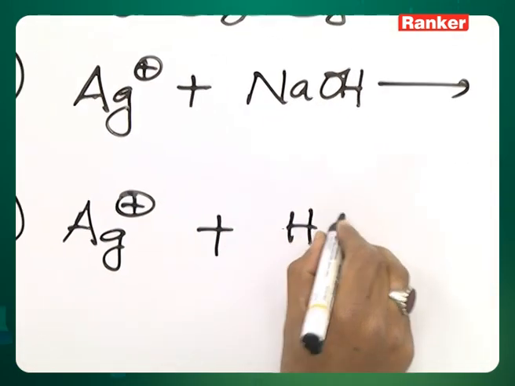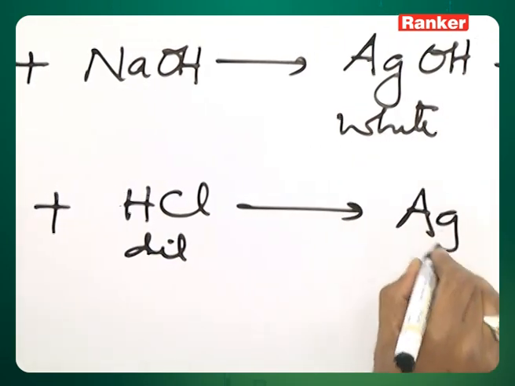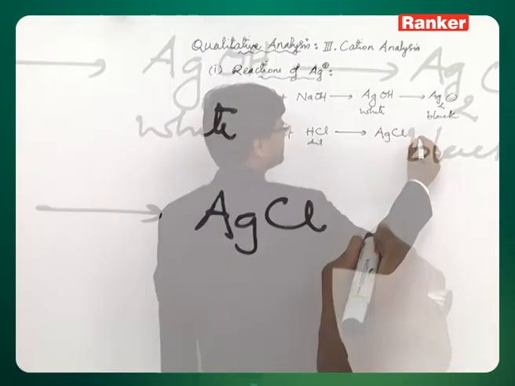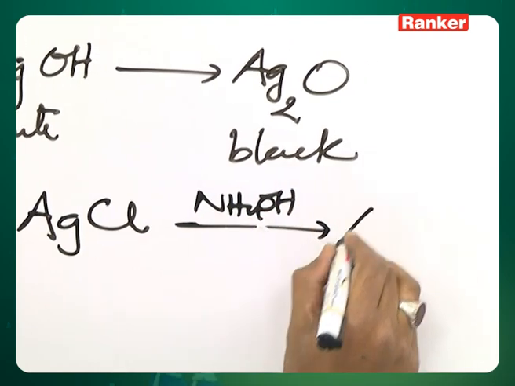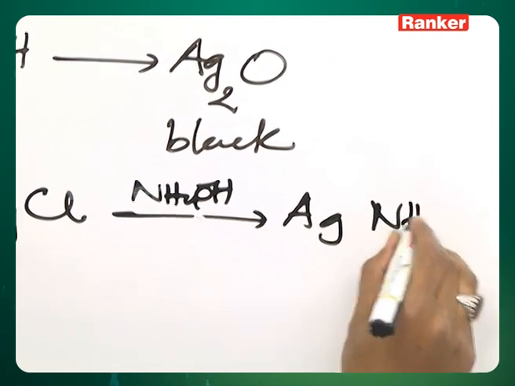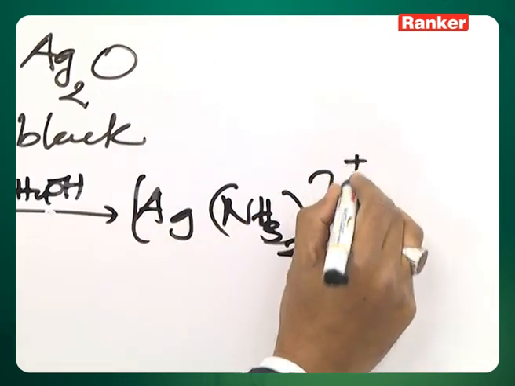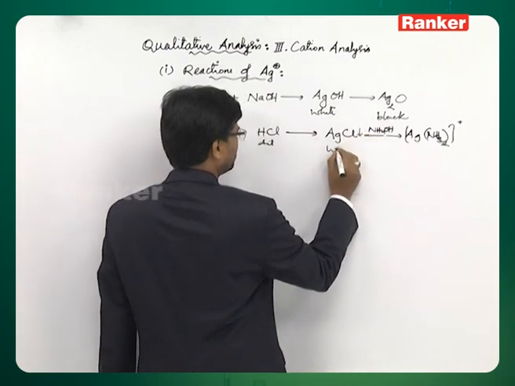On reaction with dilute HCl, you get AgCl. This is soluble in ammonia. You get a soluble complex. Initially you get a white precipitate.